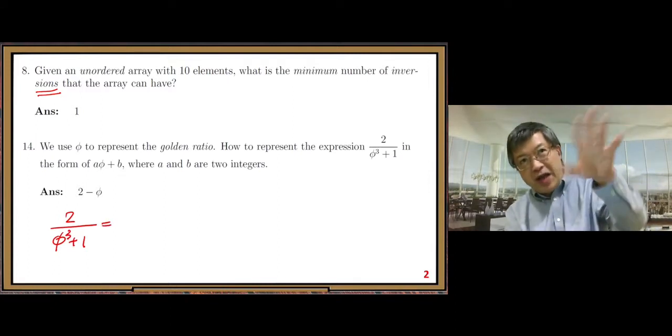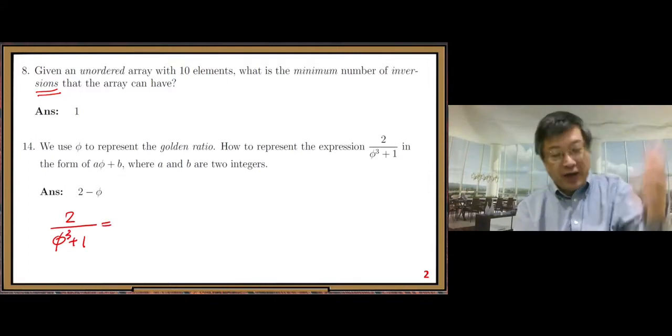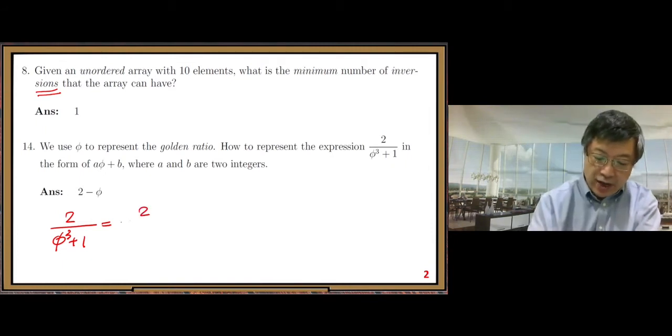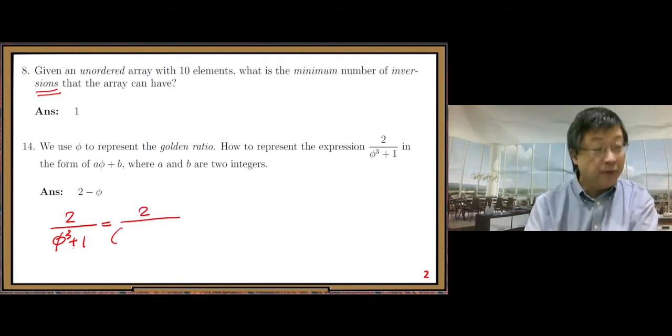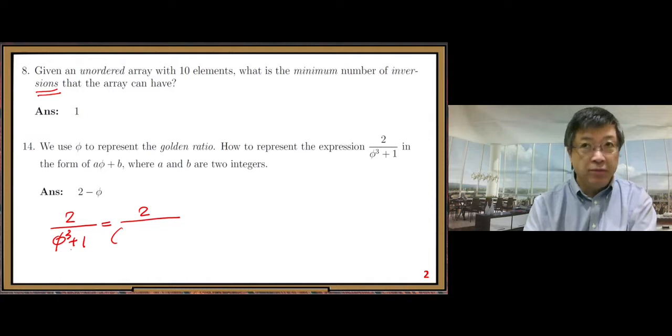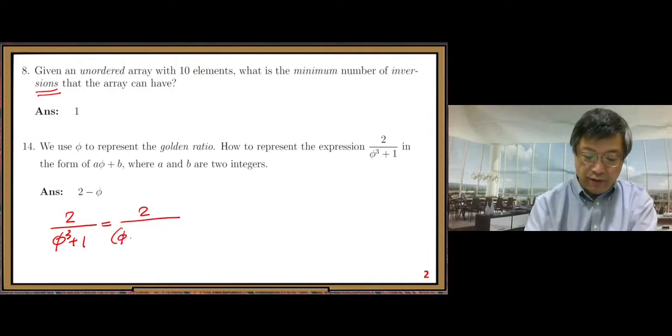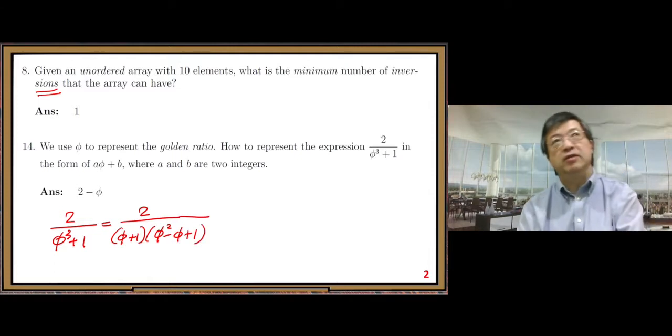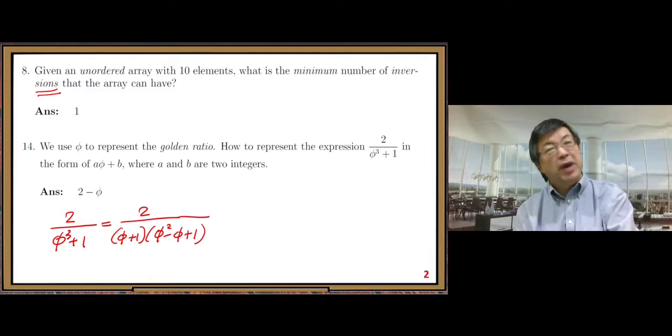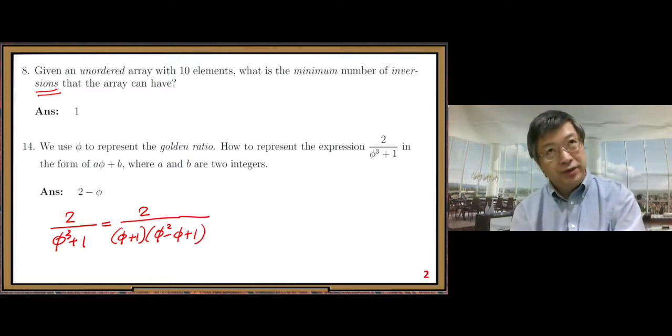Some students use that formula. That's okay, I like to use that. Some students use phi cube plus 1, there is a formula like this: phi square minus phi plus 1. Several students use this formula. Some students may not know this formula, but you can still do it, right?